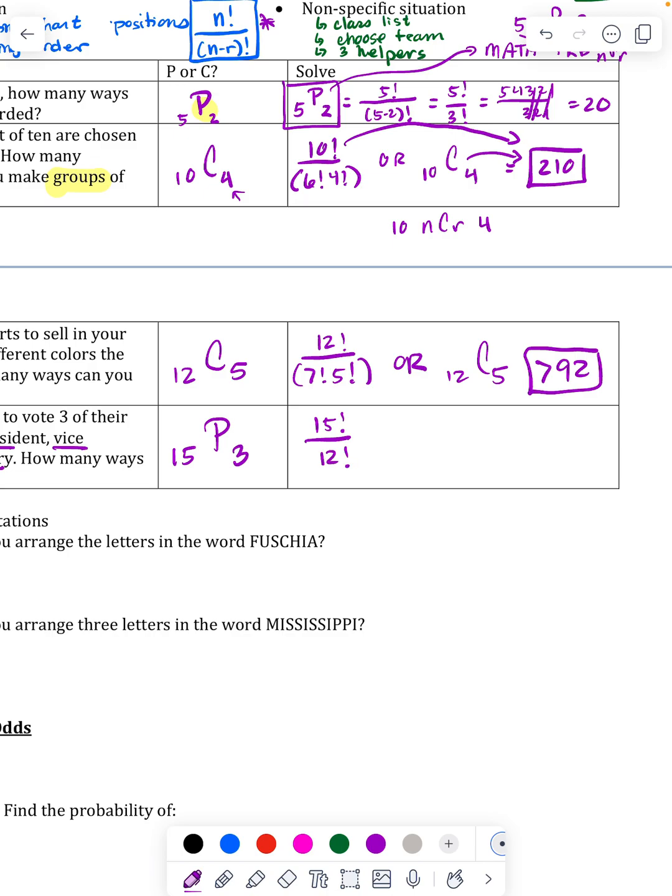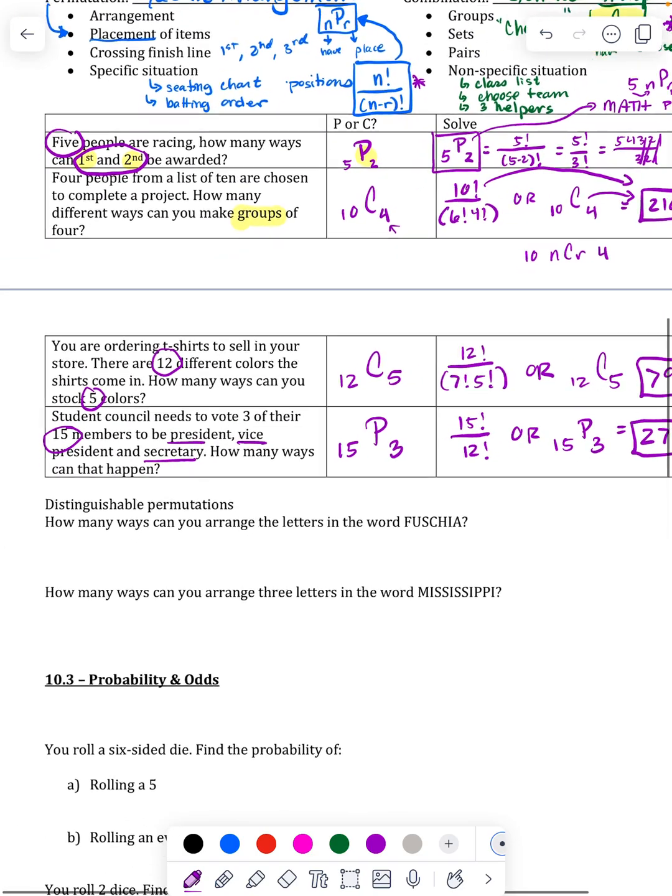That's it. Or I can do 15P3. I can do whatever way makes the most sense on my calculator, and I have to make sure I'm choosing a permutation if I'm doing my calculator. And there's 2,730 different ways I could choose my vice president, president, and secretary from 15 people.